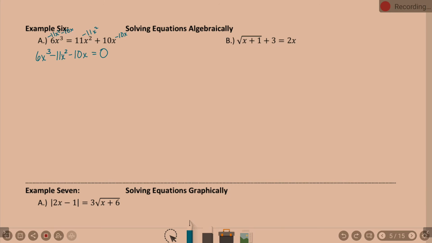So GCF of x, I'm going to factor it out front. Then I'm left with 6x squared minus 11x minus 10 in my parentheses. And of course, my equation still equals 0.